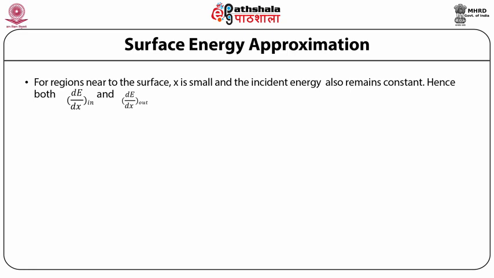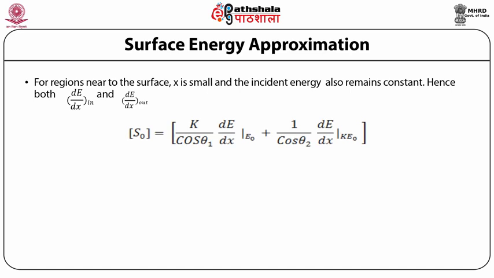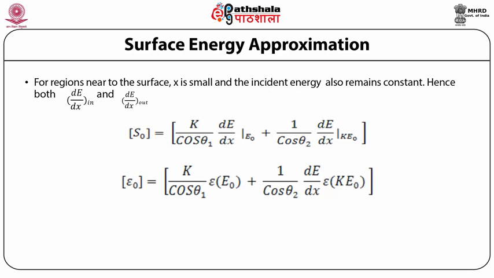This equation can be written as S0 = K/(cos θ1 dE/dx at E0) + 1/(cos θ2 dE/dx at KE0), and ε0 = K/(cos θ1 ε(E0)) + 1/(cos θ2 ε(KE0)), where ε0 and KE0 are evaluated at the initial energy point.